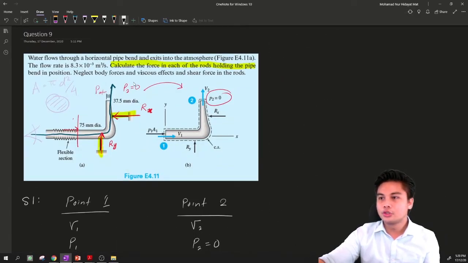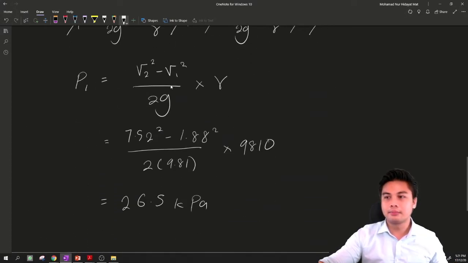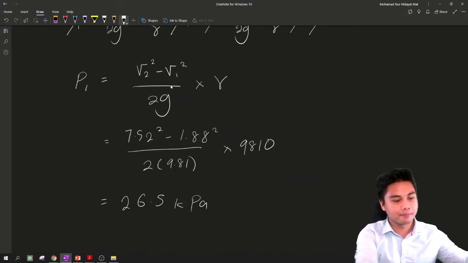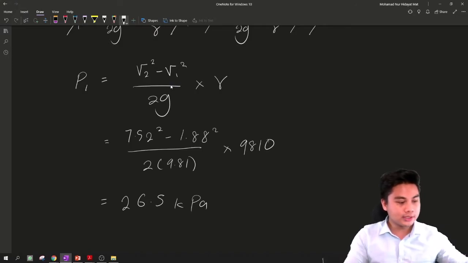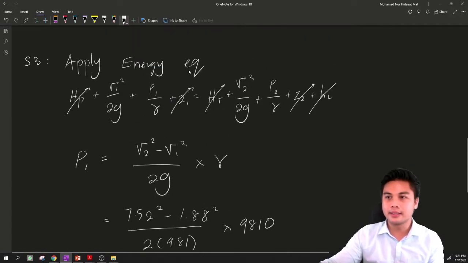Alright, so from here, calculate the force in each root. After you have found the pressure at 1, you use the momentum equation, conservation of momentum.